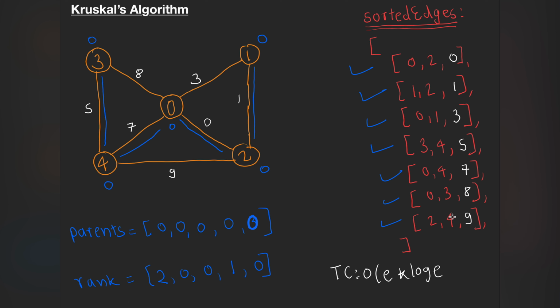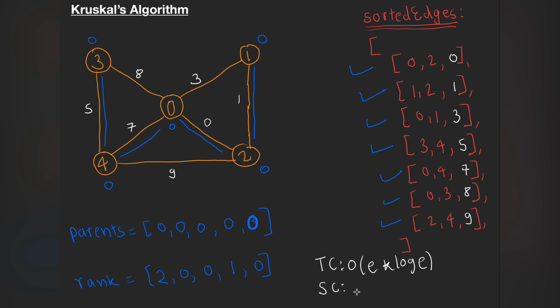After that, we are also iterating over the sorted edges, which will take another O(E). For the union find data structure, the time complexity is O(1). That's almost constant time, so we can completely ignore that. Overall time complexity of Kruskal's algorithm will be O(E log E).